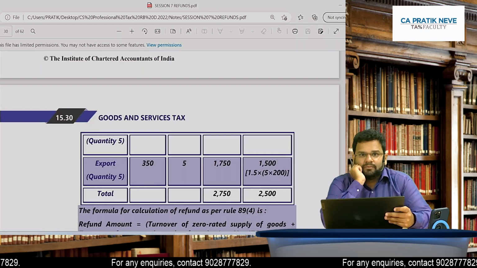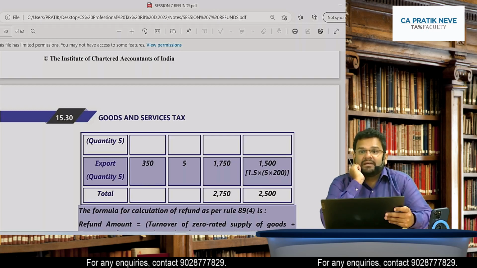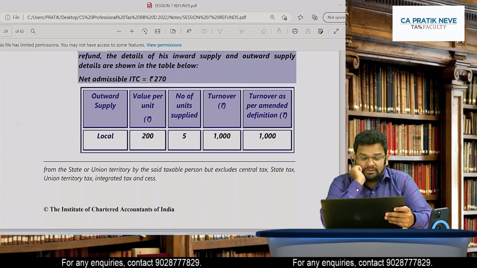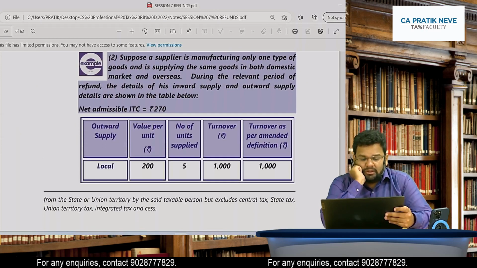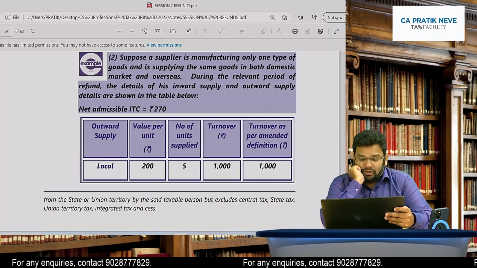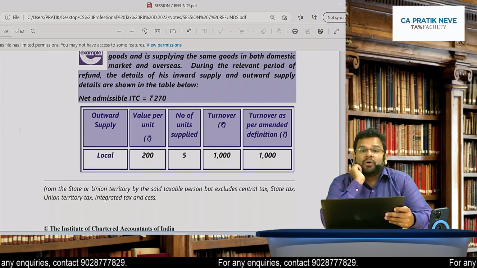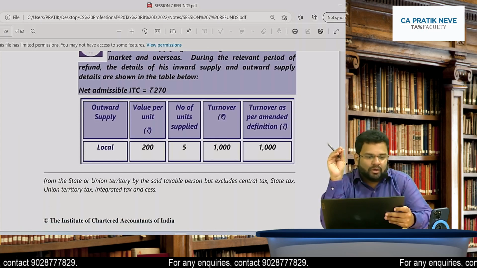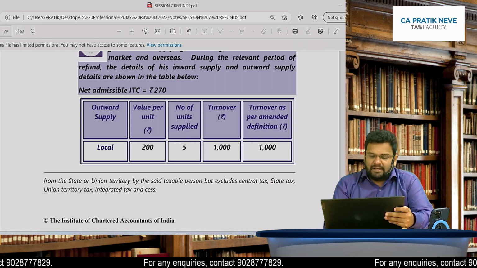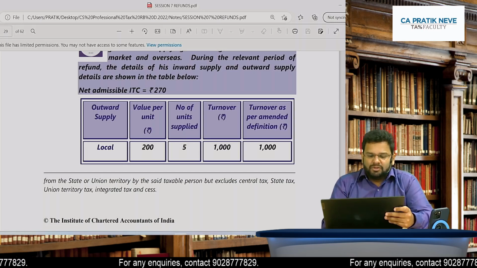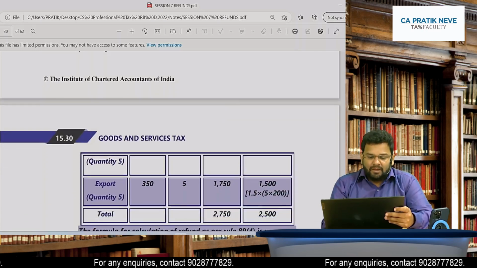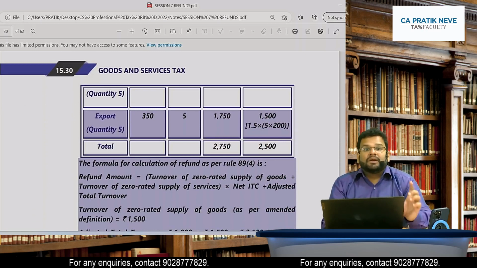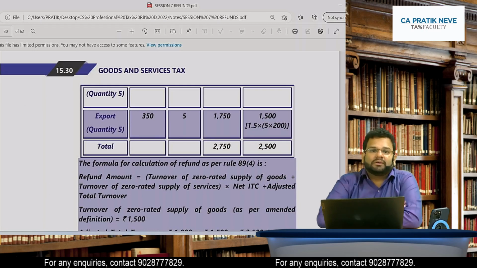1750. But what I need you to understand is, the same units are being sold in the local market. 5 units are sold for 1000, which means 200 rupees per unit. But in export, it is sold for 350 per unit.